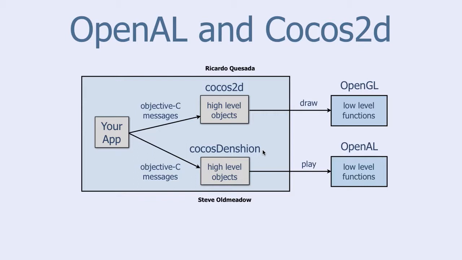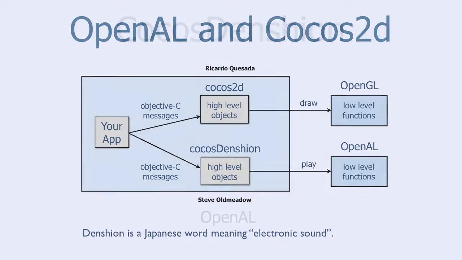By the way, while Cocos 2D was primarily written by Ricardo Quesada, CocosDenshion was primarily written by Steve Oldmeadow. You might ask what the word Denshion means. It is a Japanese word that means electronic sound.